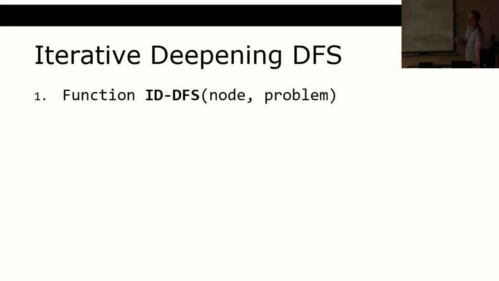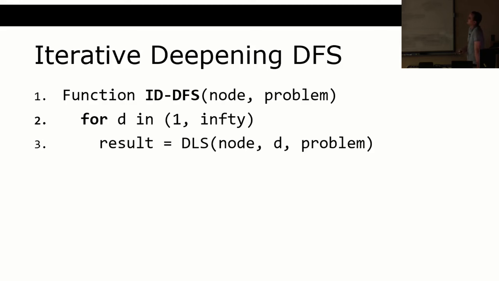And then iterative deepening depth-first search is just iteratively calling that function. So iterative deepening depth-first search, for D from 1 to infinity, or your time limit. You start at depth 1. You call DLS with the root node and D, which will initially be 1.